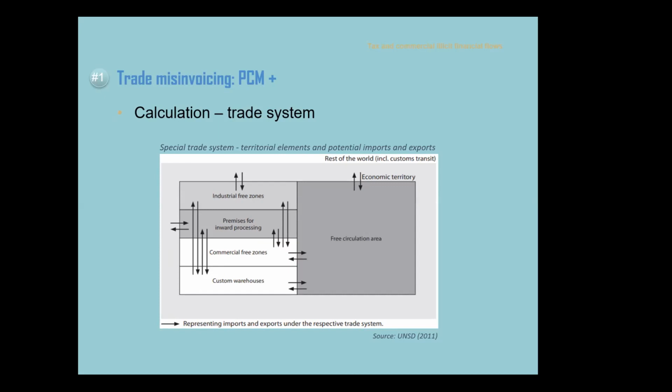We can see, for example, that only industrial free zones, premises for inward processing, and the free circulation area are included in the statistical territory, which means that everything that is entering those three areas from anywhere else, either the rest of the world, but also from commercial free zones and customs warehouses, is treated as imports. Anything that is leaving those areas is treated as exports by our country.